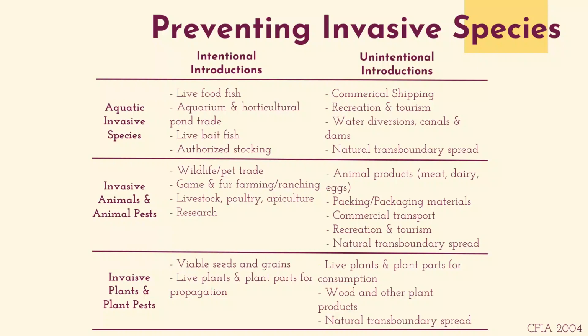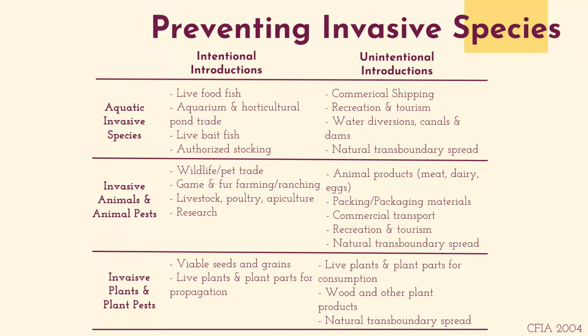In Canada, some of the key pathways for invasive species that have been identified by the federal government are shown on the screen here. As you can see, there is a distinction made between those introductions that are intentional and those that are by accident. Intentional species introductions are generally heavily regulated industries and include things like aquariums and the rest of the pet trade, seeds and plants for agriculture and horticulture, and animals being transported for livestock or ranching purposes.